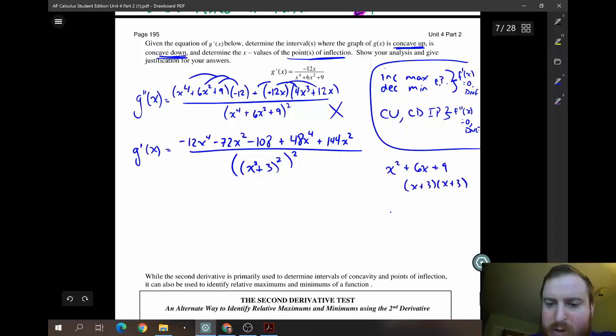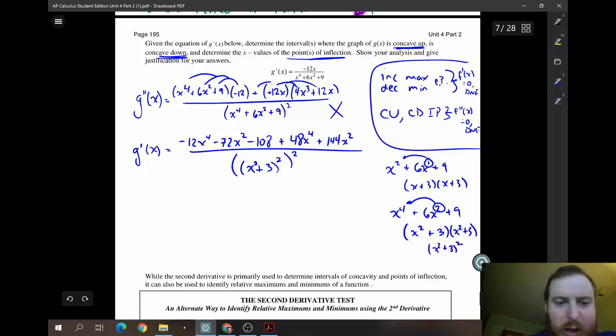But when you have x to the fourth plus 6x squared plus 9, it's the same as the x method, but instead of using x to the first, now we're using x squared. So it's x squared plus 3 and x squared plus 3, or we can just write this as x squared plus 3 squared. That's what I did over there.